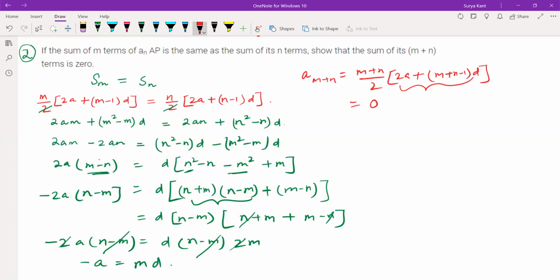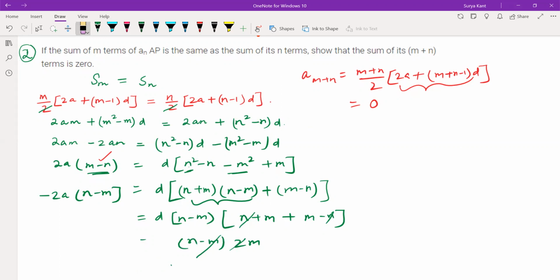2a into m minus n is clear. D here, if you expand this, n square minus m square, and minus m plus n. This is m. N minus m is not common here. Here we have made a mistake. 1 minute.